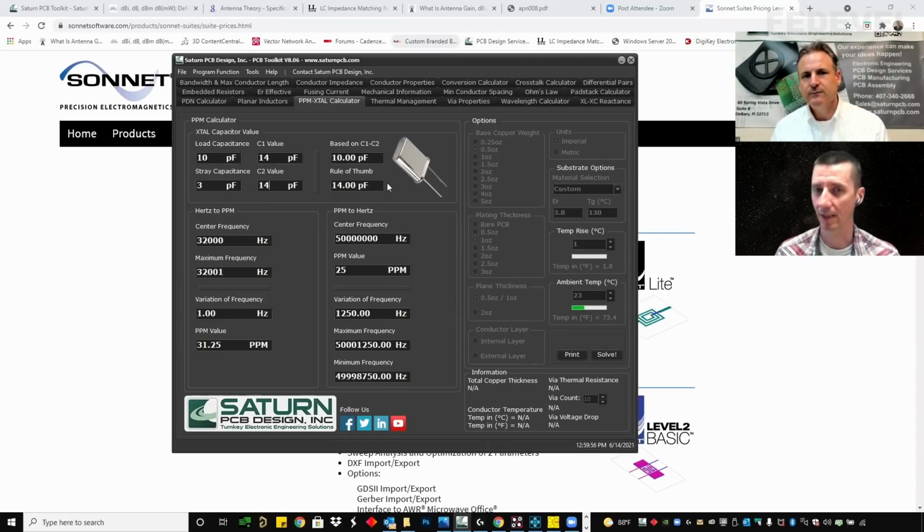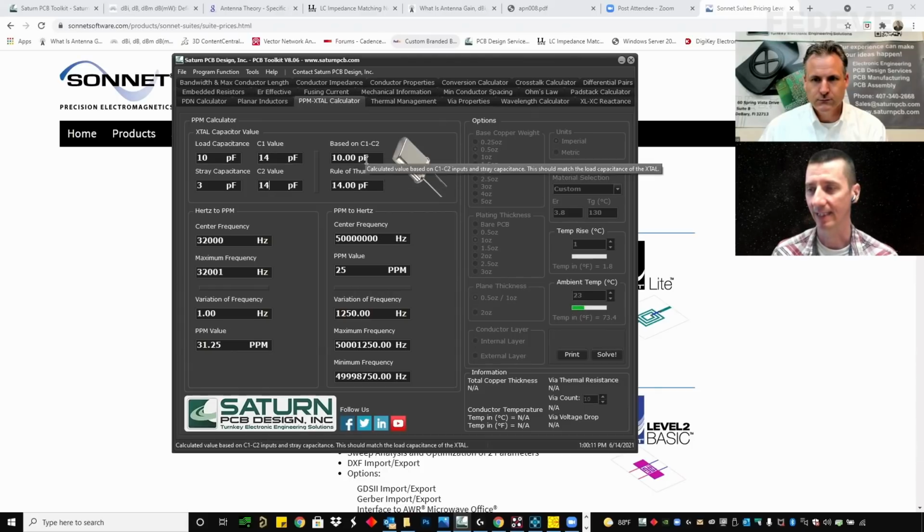Some people ask me how to decide on these capacitor values when they are connecting a crystal to a microcontroller. Usually you need to check the data sheet, or maybe there is an application note, and there is some equation for how you calculate it. Well, this is it.